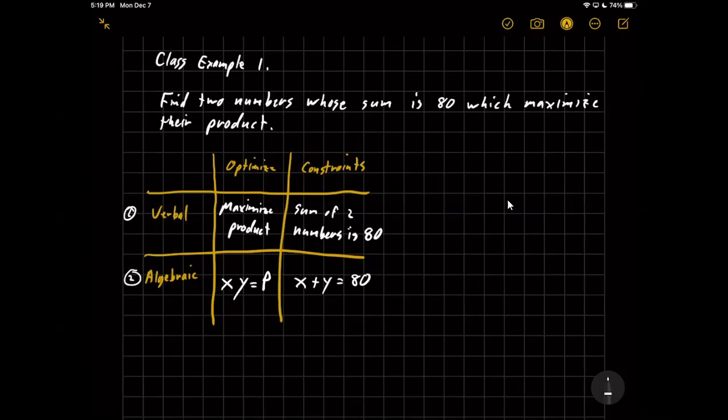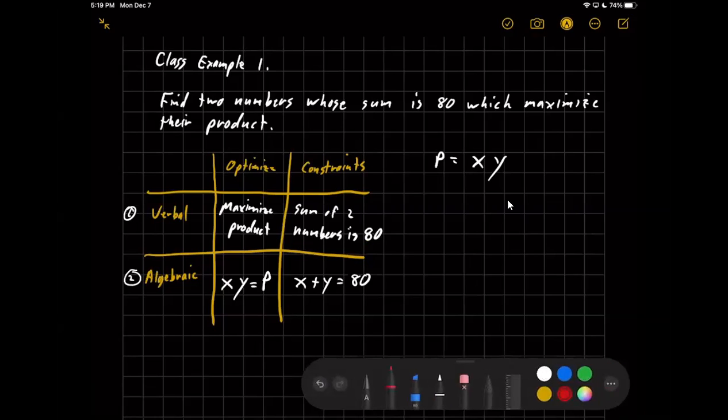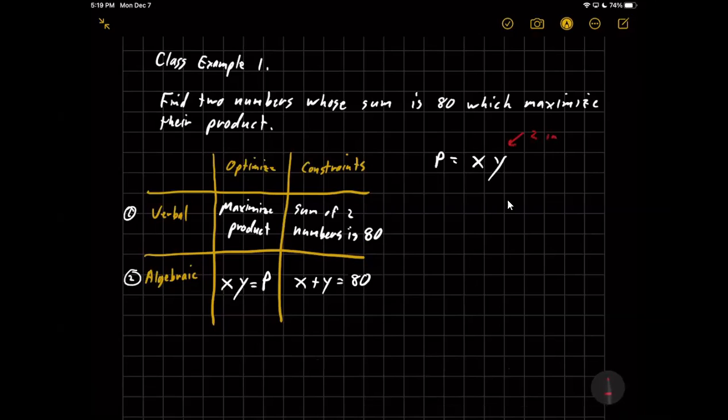So how do we do this problem? Well, we need the product to be optimized, so we're going to need a derivative of the product. But if we start with P equals xy, there's a problem. Right now we have two inputs. In order to do all of these problems, you need to get down to one input variable.